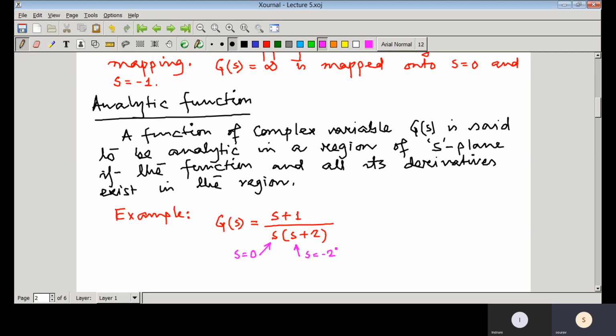So at those 2 points this function would be infinite. That means those are not defined. So we can say that the function is analytic except at s equal to 0 and s equal to -2.